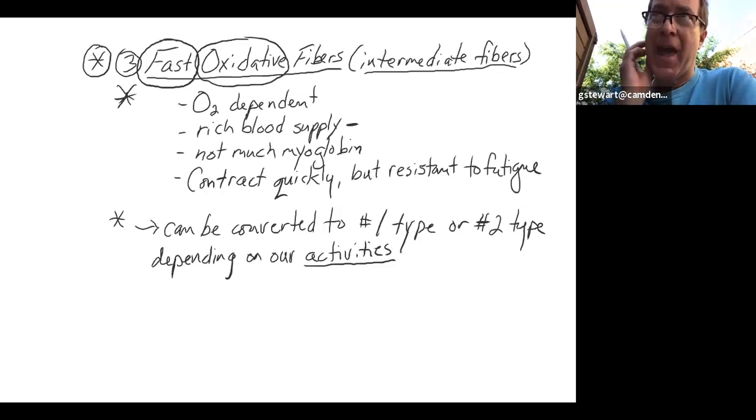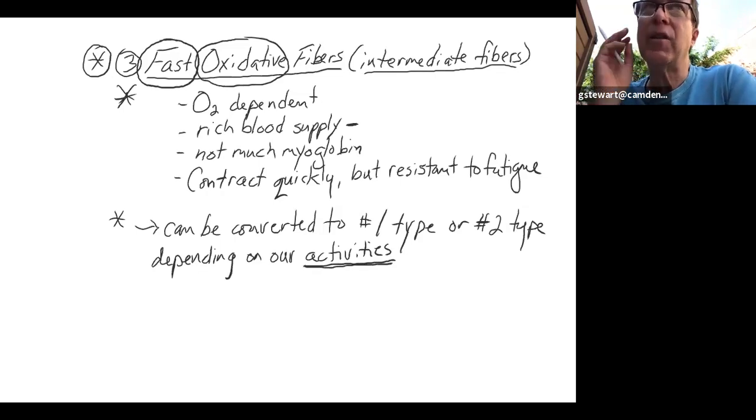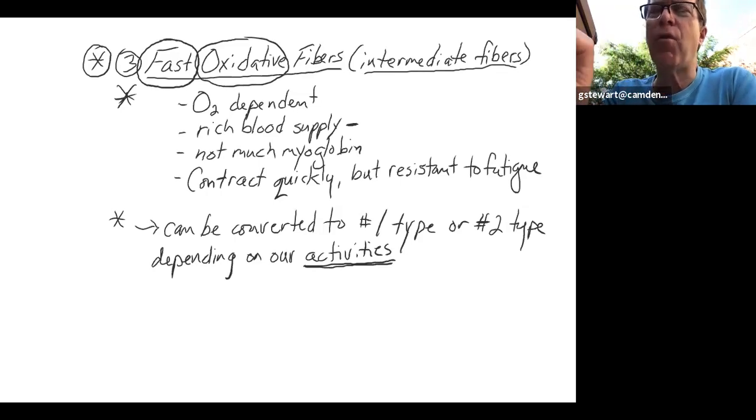They will behave and literally become slow oxidative fibers because of your marathon training. If you stop training for marathons and you decide you don't want to be a marathon runner anymore, they revert back to their original fast oxidative fiber state, so they can change.